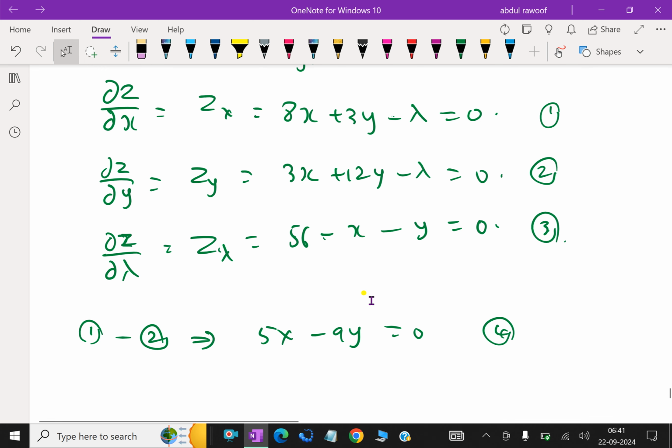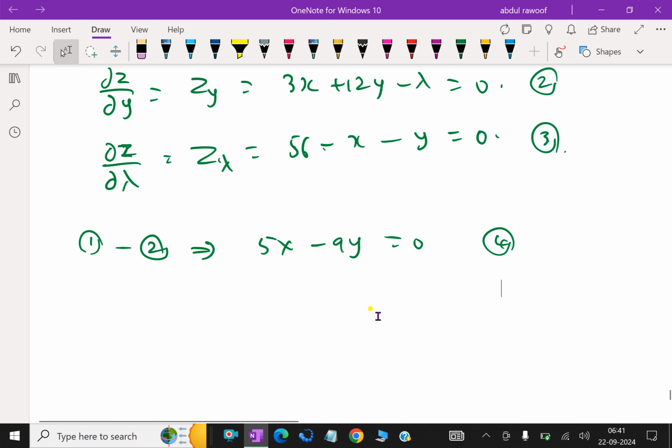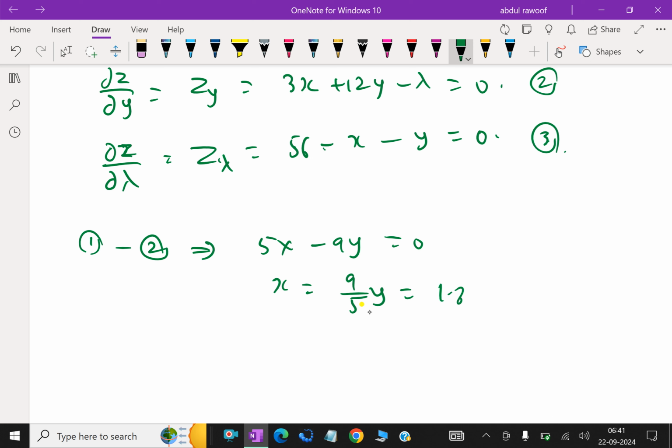From this we can get x equal to 3y over 5, which is 0.6y.